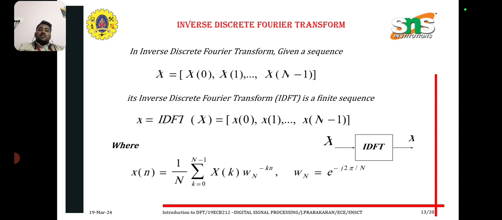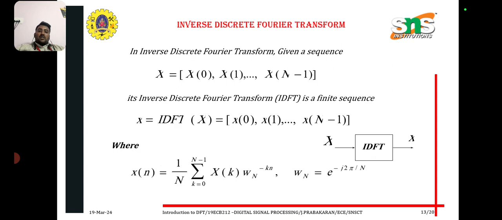This is the inverse DFT, IDFT, inverse discrete Fourier transform. The input of the IDFT is frequency domain, the output of the IDFT is time domain. That is, capital X of k is the input of the IDFT, small x of n is the output of the IDFT.